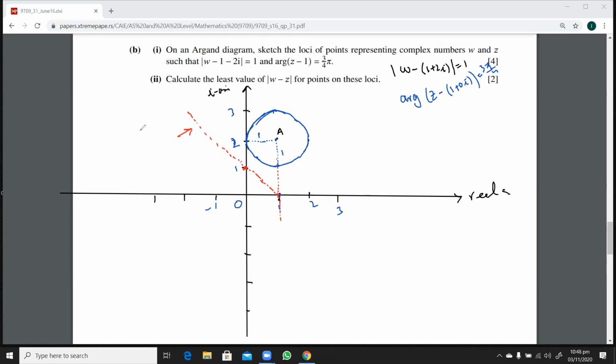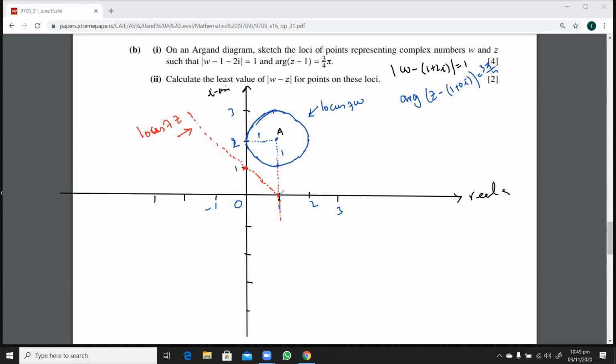You must mention here that this is the locus of z, and with the blue, I would say that this is the locus of w. This circumference contains w.